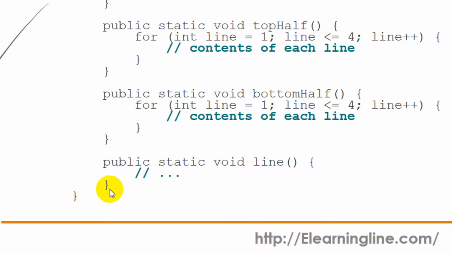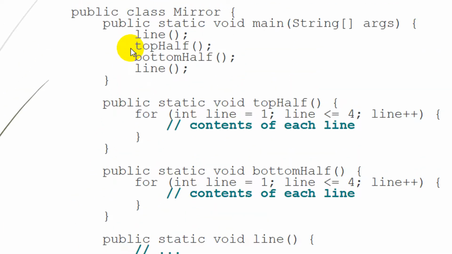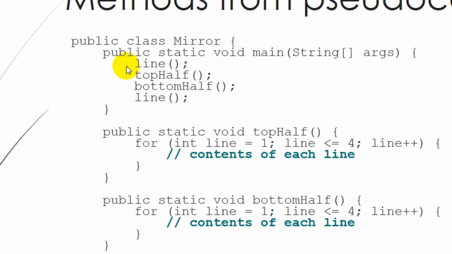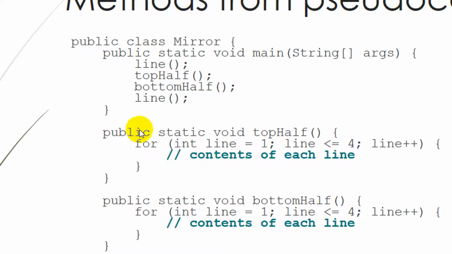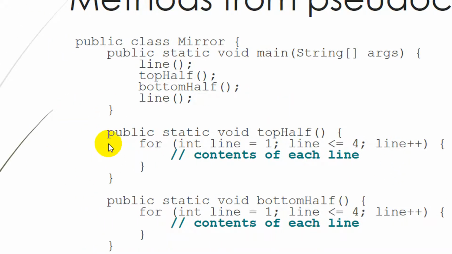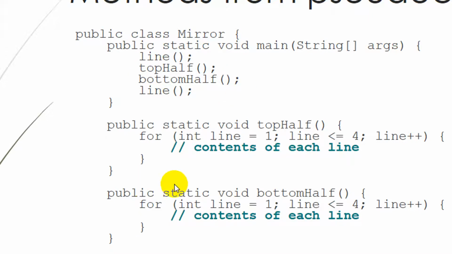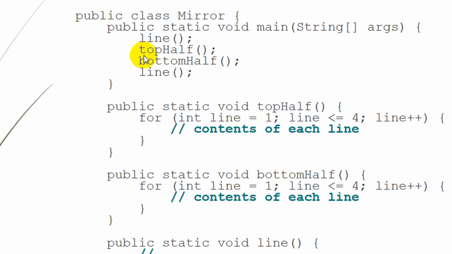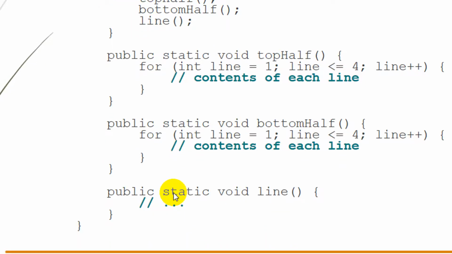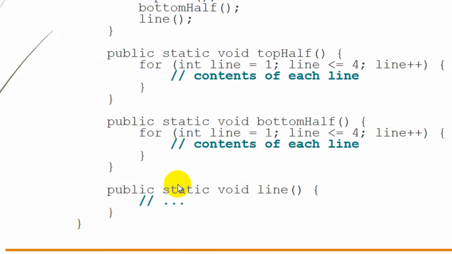And when you are finished with this loop, it will go to this one. Then it will execute top half and perform this execution. Then it will come out of this loop and generate the bottom half and perform this calculation. And then it will generate a line and it will complete this one.